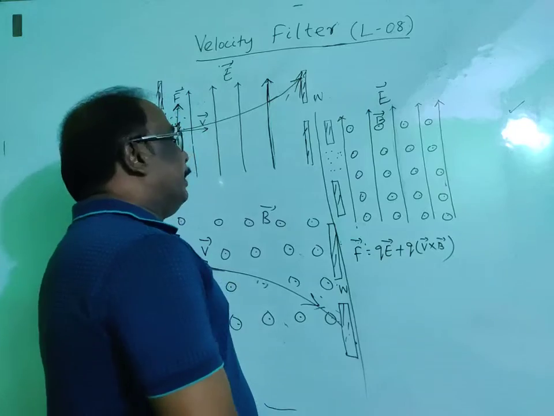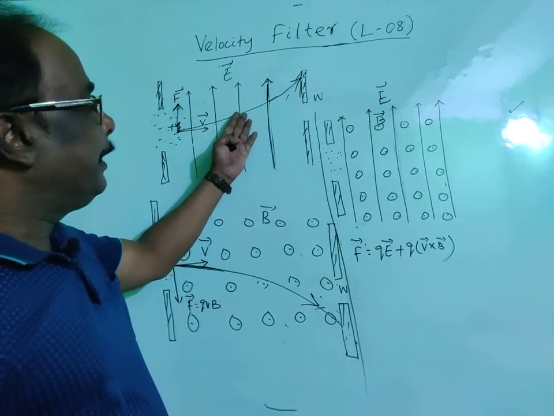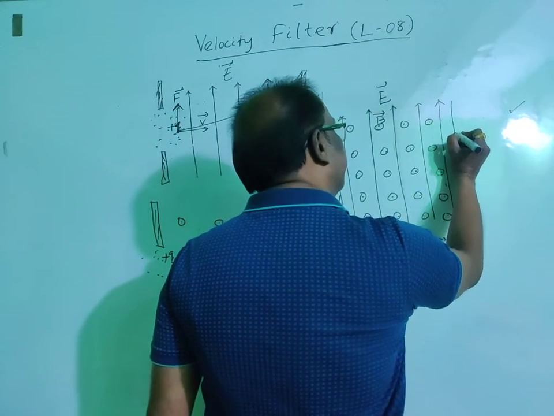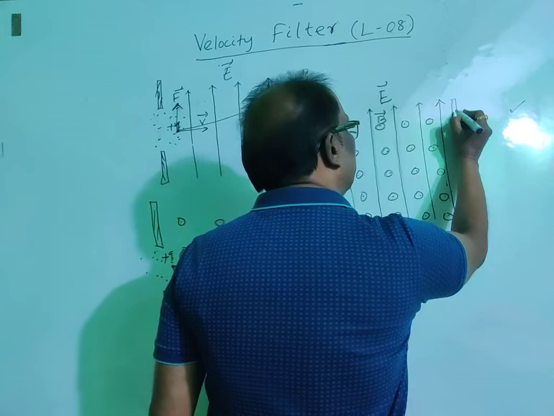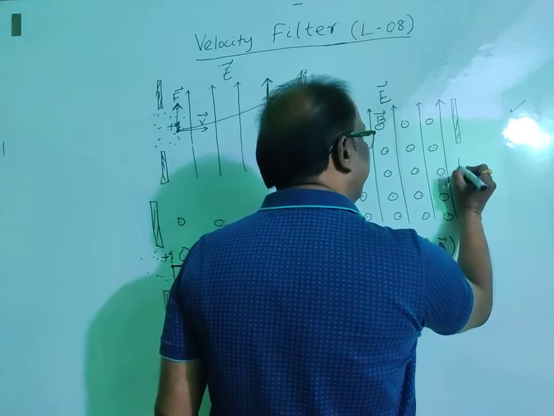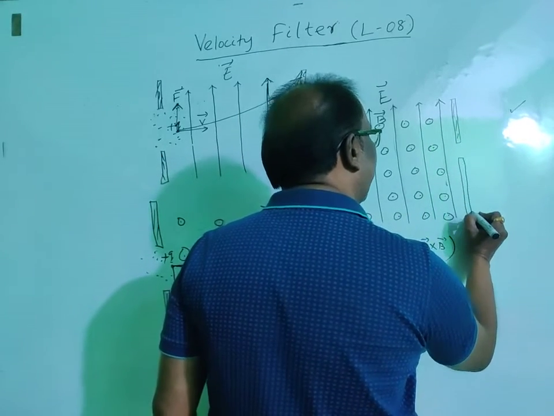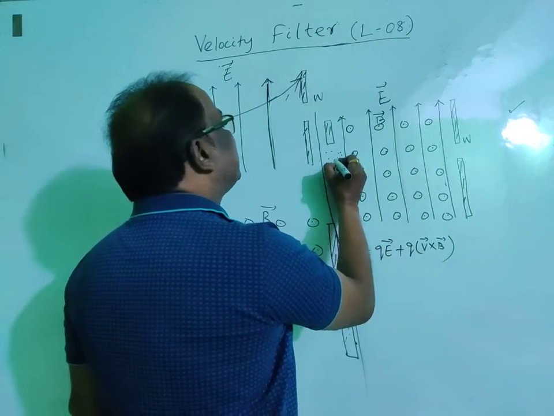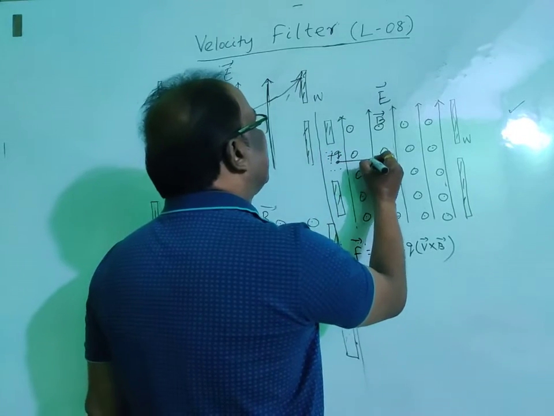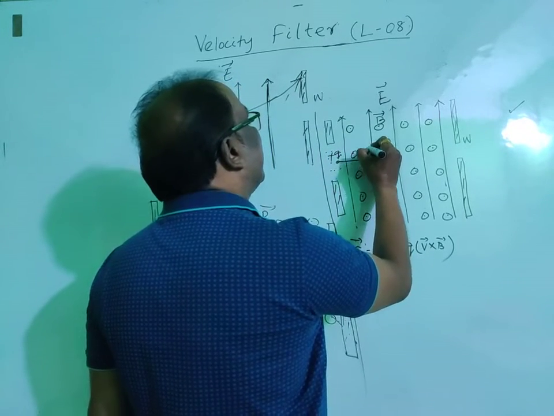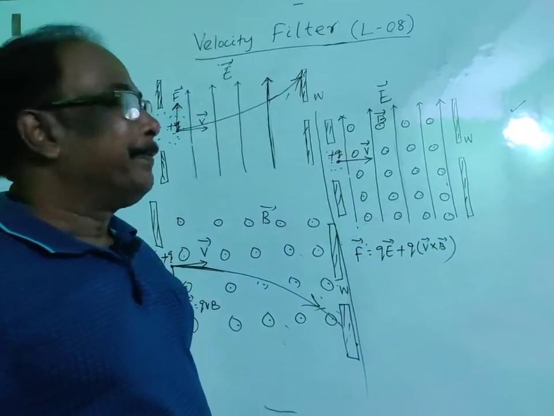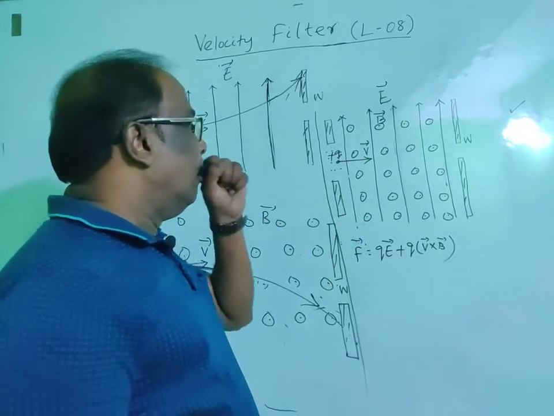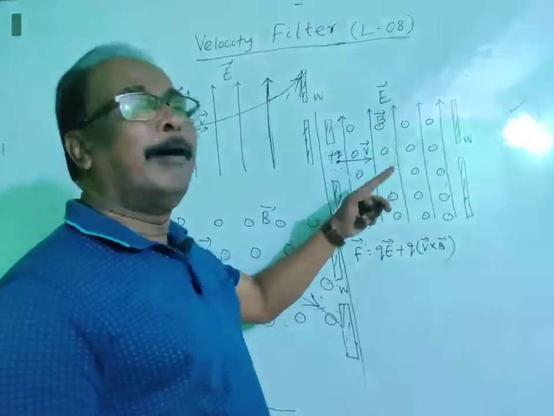Okay. So we have observed the effect of electric field and the effect of magnetic field, and now this is our window, a small opening here. Let a positively charged particle plus Q enter into the field with velocity V. Then the velocity of the charged particle is perpendicular to both electric and magnetic field.